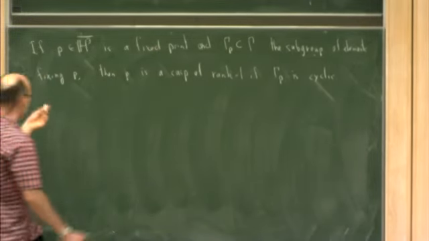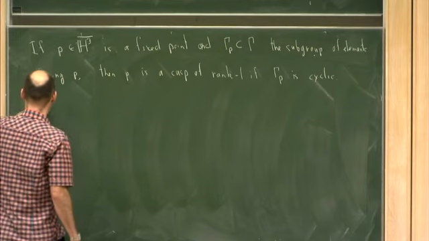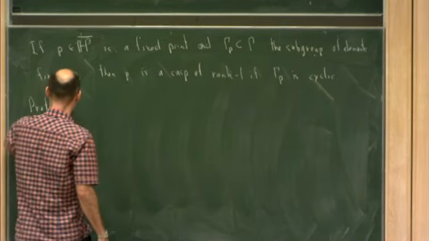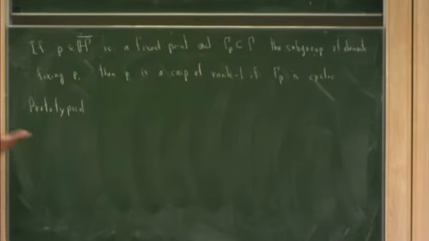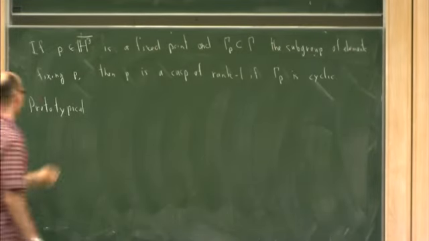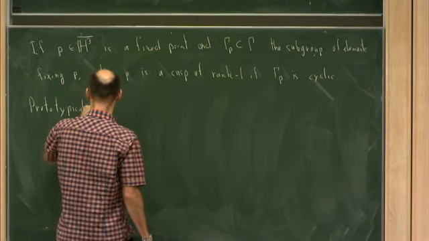Let me give an example. Locally, all cusps of rank 1 will look the same, like this example.